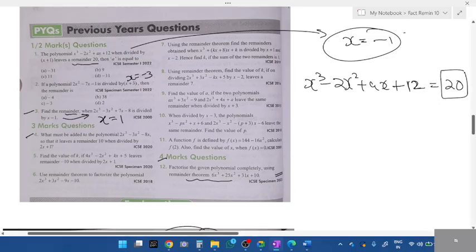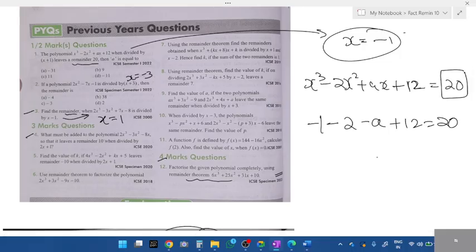MCQ question, you have to be quick. Minus 1. Shift A to the right hand side. You get plus A.